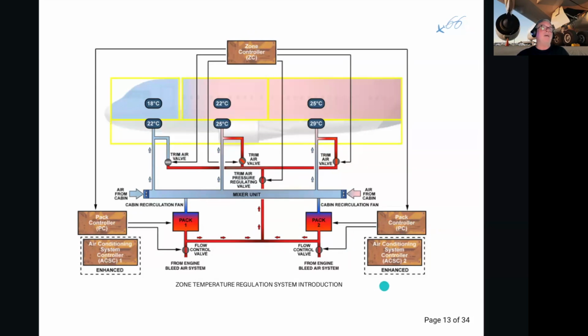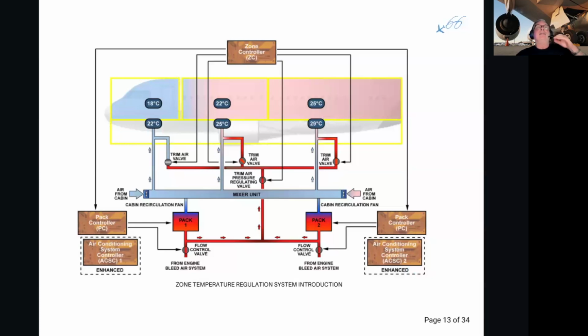And now we're going to change the name of this box and call it an air conditioning system controller. So by doing that, they got rid of 1 box and maybe 3 kilos of hardware, and distributed the 2 channels, which are now embedded in the respective ACSCs, 1 for system 1 and ACSC 2 for system 2.